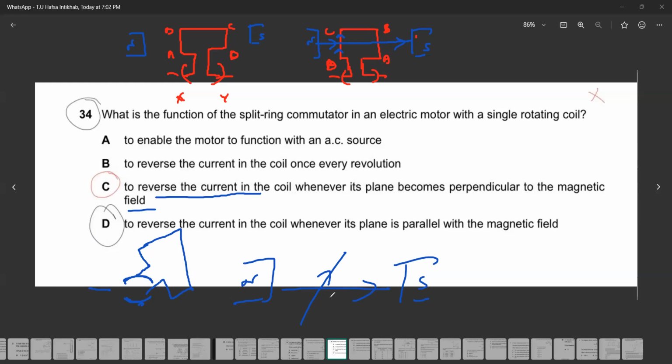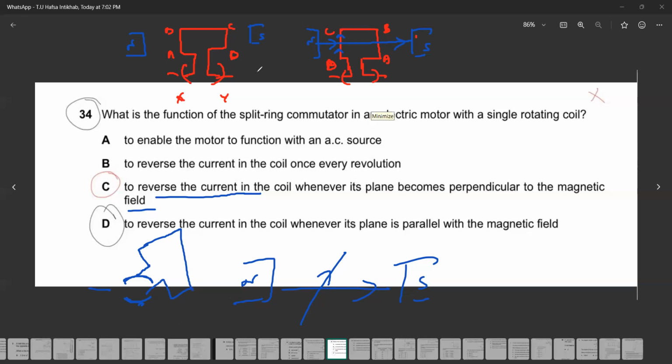Yeah, in that case, you can mention the plane of the coil. When the plane of the coil is perpendicular, there is a maximum induced EMF. When the coil is horizontal, the plane of the coil will be vertical to the magnetic field. So these are two different terms.